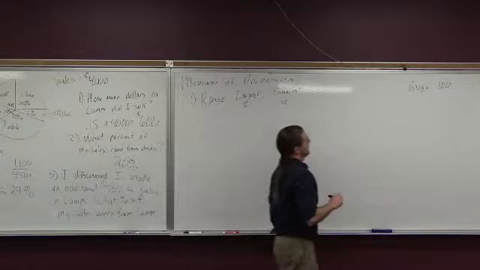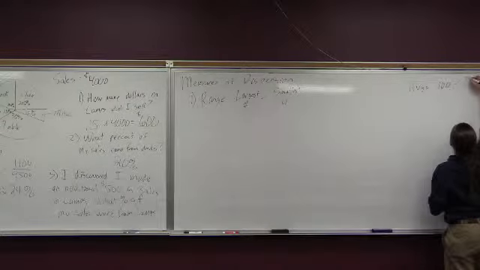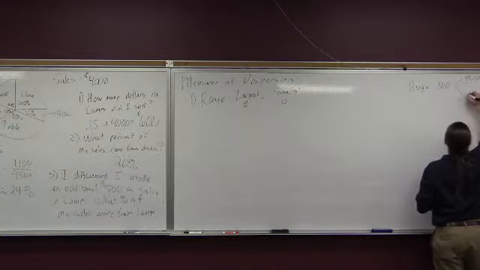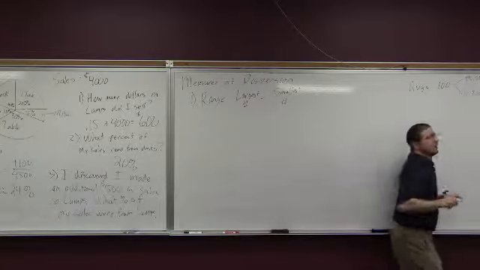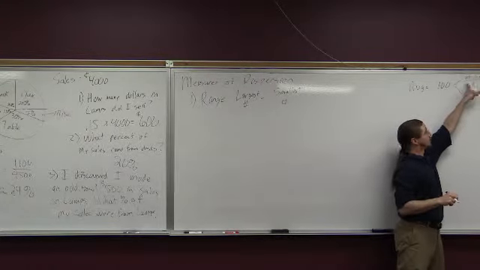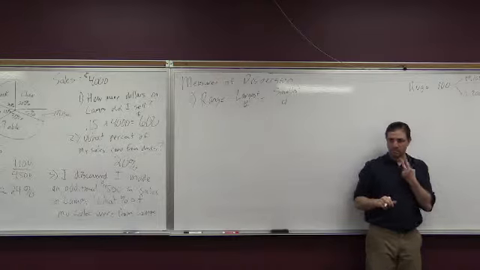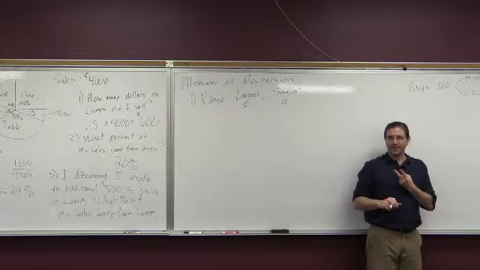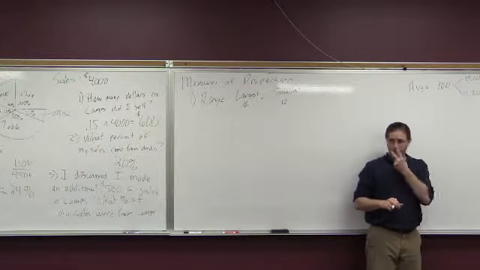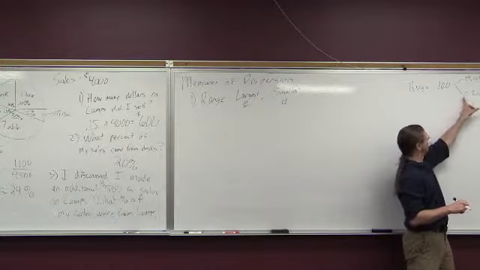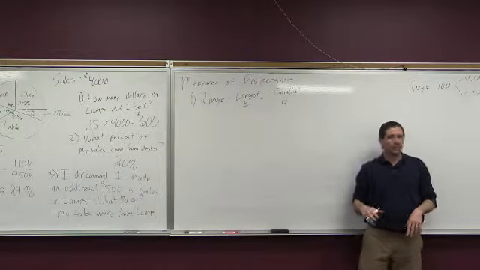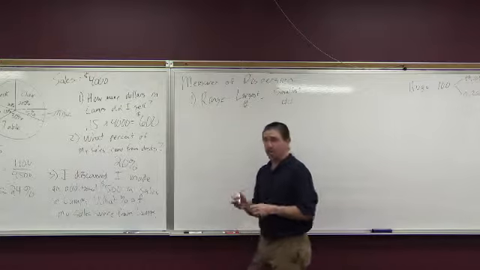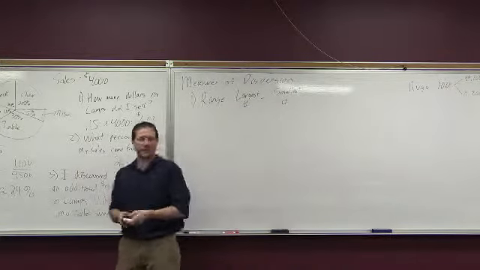Because what's the range of these two numbers? 99 and 101. 99 subtracted from 101, it's 2, right? What's the range of 0 and 200? 200, right? So when you give people the range in those numbers, people can tell pretty quickly when the average is 100.